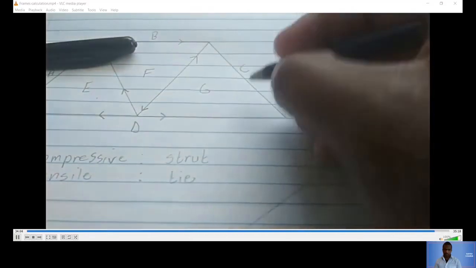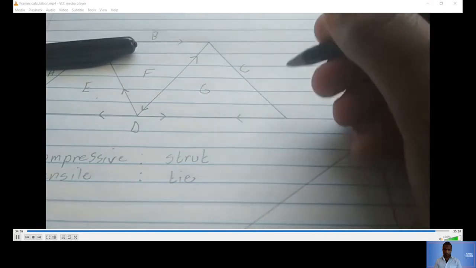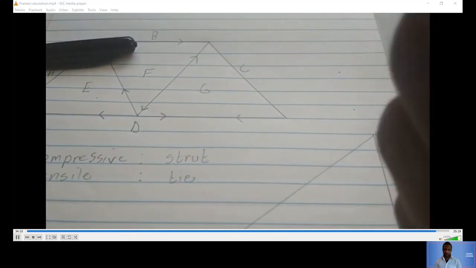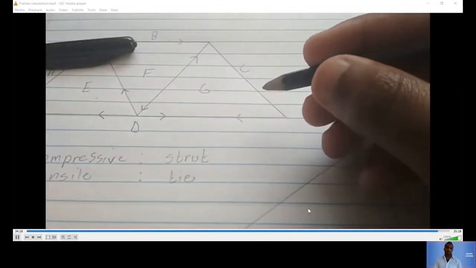So we take that direction, we put it right there where we were standing, and we balance it. So the member is actually trying to pull itself together. Therefore, it means it's experiencing some tensile forces. That's making it a tie.